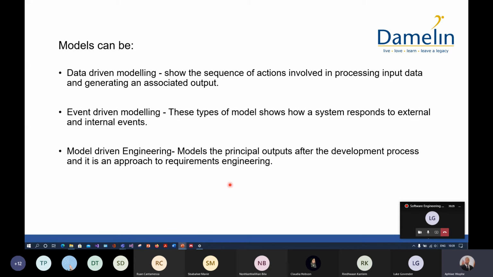Event-driven modeling, these types of models show how a system responds to external and internal events. So event-driven modeling speaks to features or functions, and then the data-driven one speaks to inputs and outputs of data. Then we also have model-driven engineering. Models are the principal output of the development process, and it is the approach to requirement engineering.